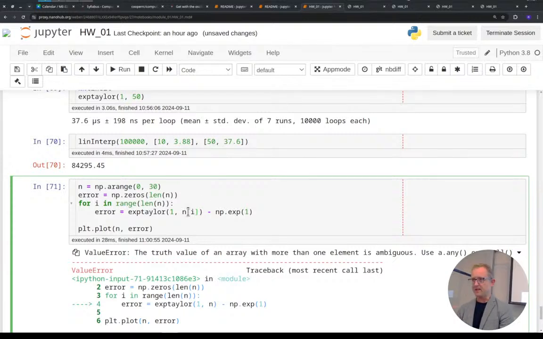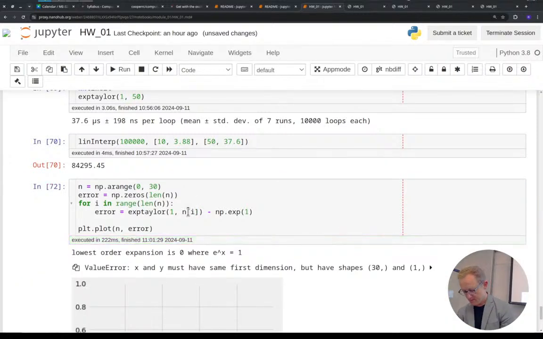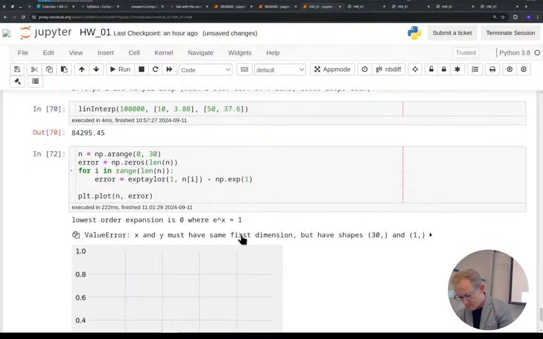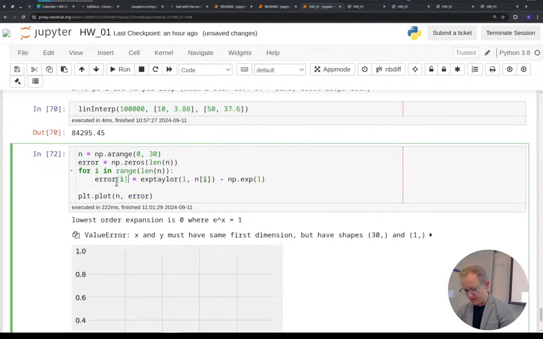N has to be a single value, but I created an array of n's, so I just want to grab one value of n at a time. That's where that error is coming from. And then I should also save these values, right?